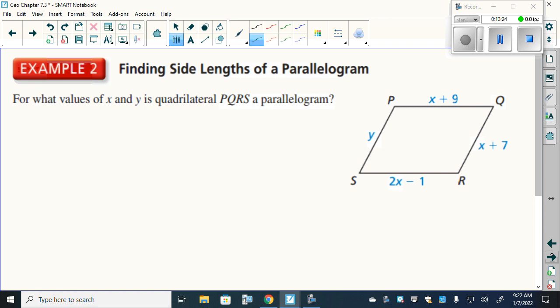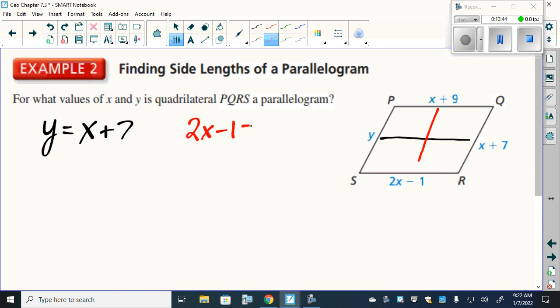Well, we also know the opposite sides. So these two would have to be congruent. So y would need to equal x plus 7. And we also would need that 2x minus 1 is going to equal x plus 9.